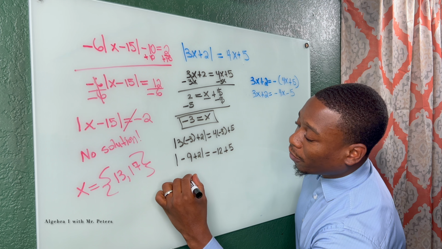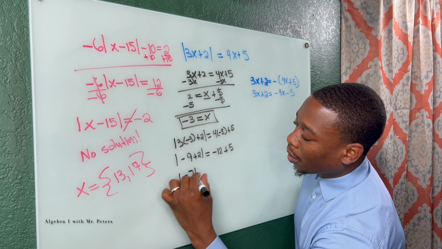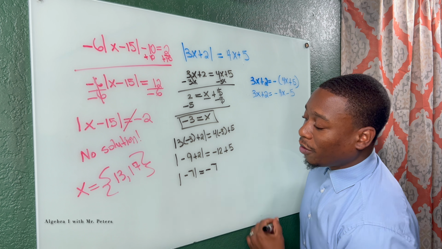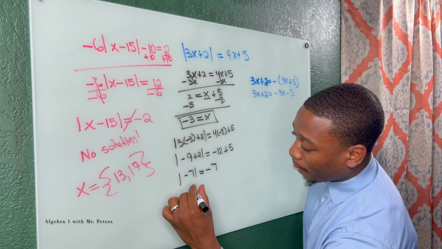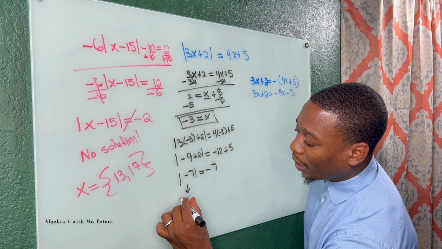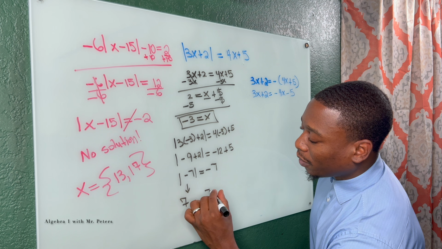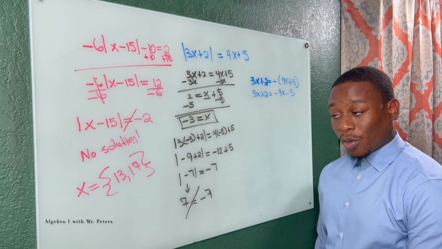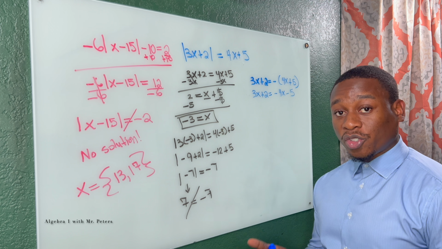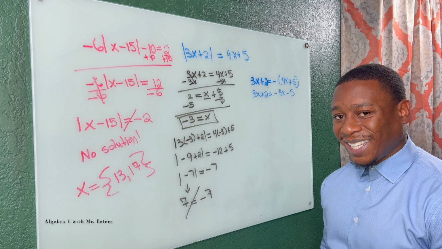So we have the absolute value of negative 7 is equal to negative 7. When we simplify, this comes out the absolute value bracket. It's positive, and then this is equal to negative 7. No. So x is equal to negative 3 will be an extraneous solution because when we plug it in, it does not satisfy the equation.